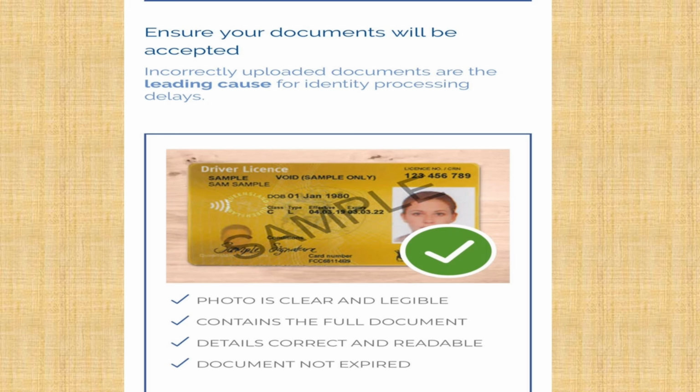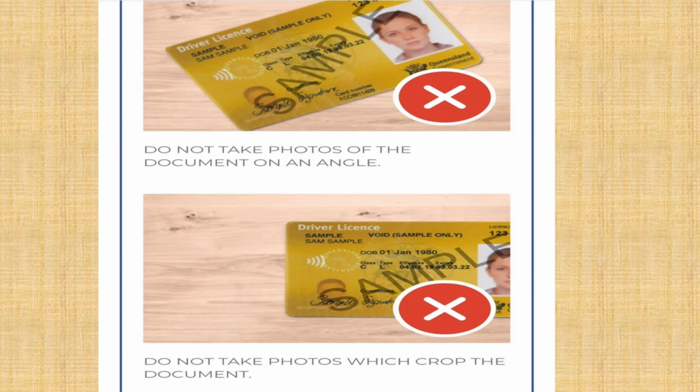So we need to follow the requirements as per their rules. They mention here: photo is clear and legible, contains the full document, details correct and readable, document not expired. These are the details we need to cross check. Then they show some images here. Do not take a photo of the document at an angle. So we need to place the document properly.